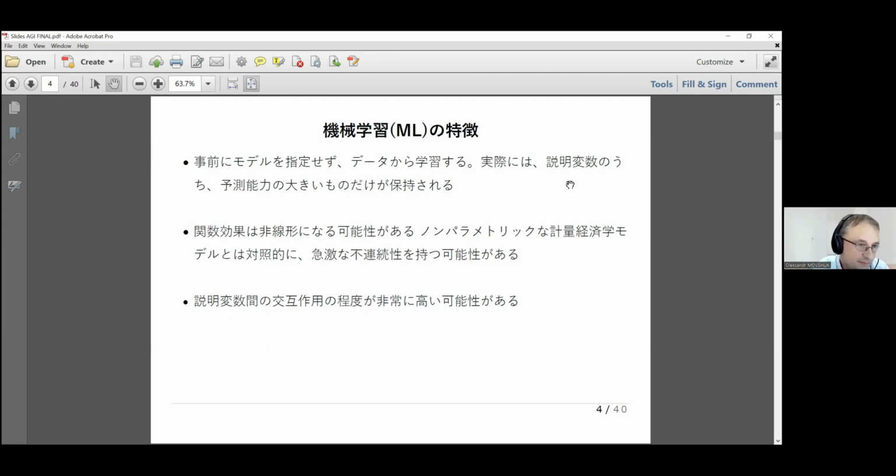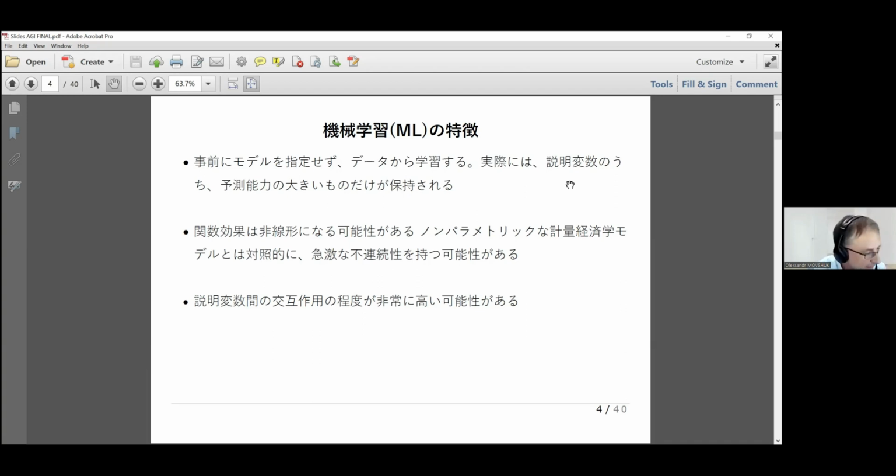Whereas in machine learning, there is no assumption of smooth change. The effect can be abrupt, very sharp. So it's much more flexible compared with non-parametric econometric models.